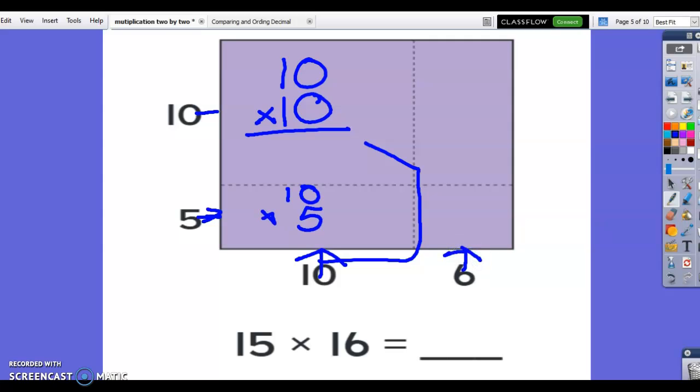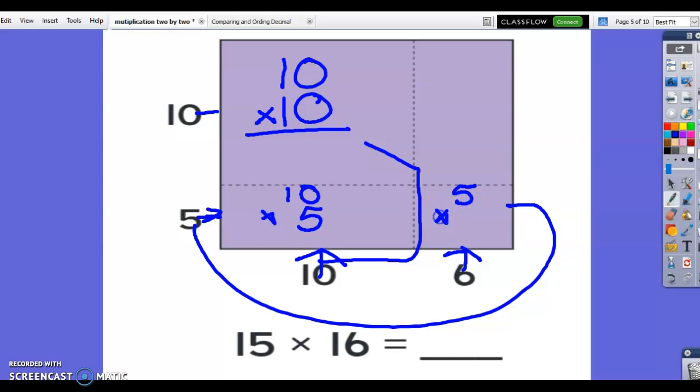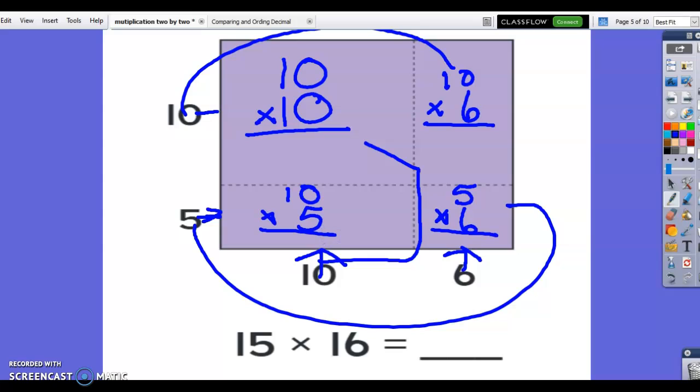So we have 5 times 6, and then we have our 10 times 6. So these are the partial equations, and once we multiply, we get our partial product. So 10 times 10 is 100. 10 times 6 is 60. 10 times 5 is 50.